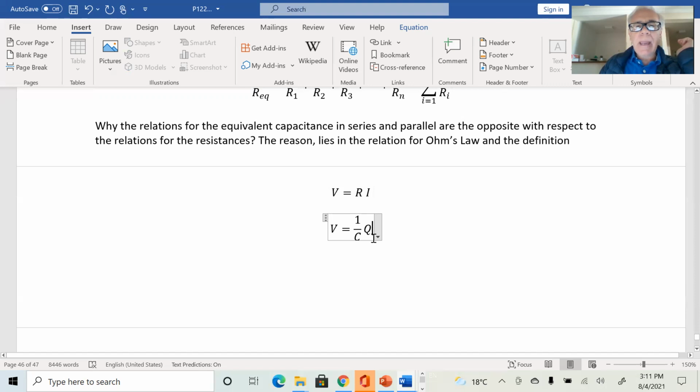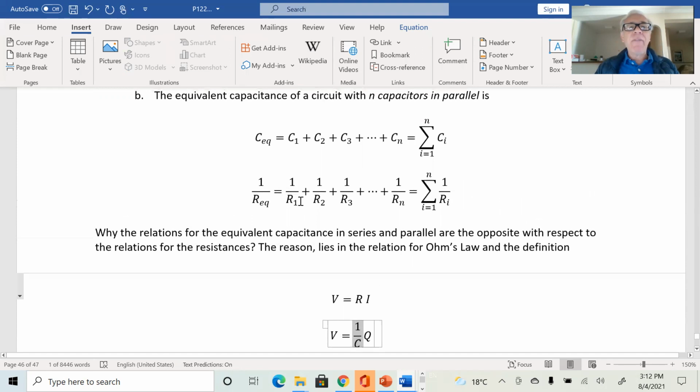So in a way, the relation between charge in Ohm's law is directly proportional to V, just like we have here for the capacitance. But the way we define capacitance, the capacitance is inversely proportional to the V. So mathematically, that's why we end up having this inversion here.